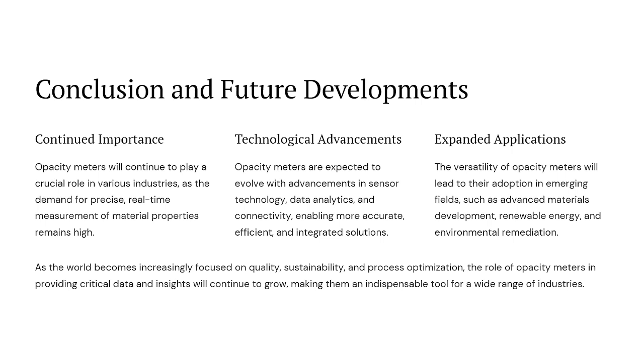Others use artificial intelligence to predict problems before they happen. These advancements will make opacity meters more accurate, faster, and easier to use. In the future, they could be used in new areas like renewable energy and advanced material research.